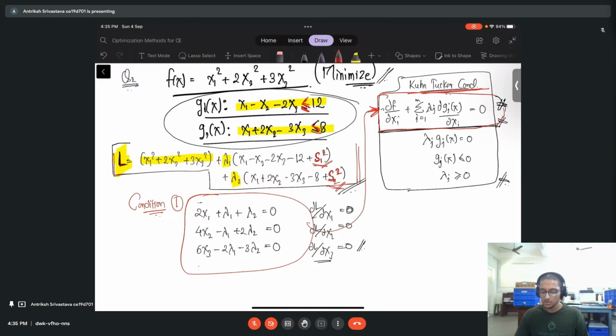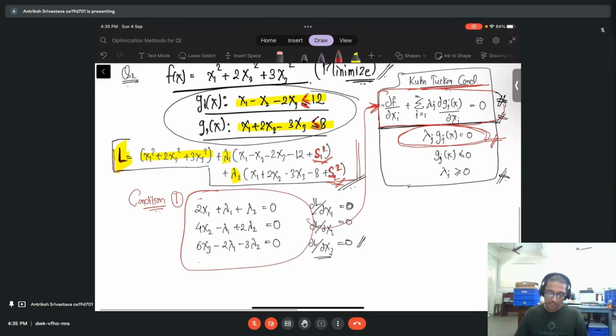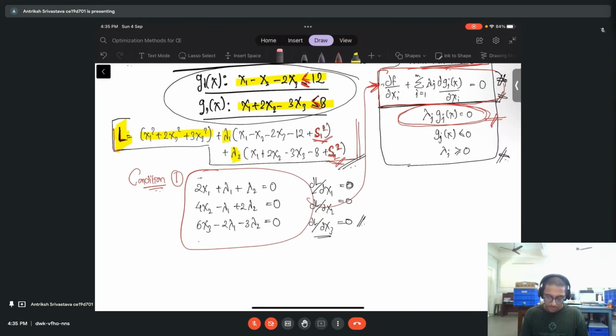What is condition 2? Condition 2 is the inequality multiplied with its respective Lagrange multiplier will be 0. Let me write here, condition 2.